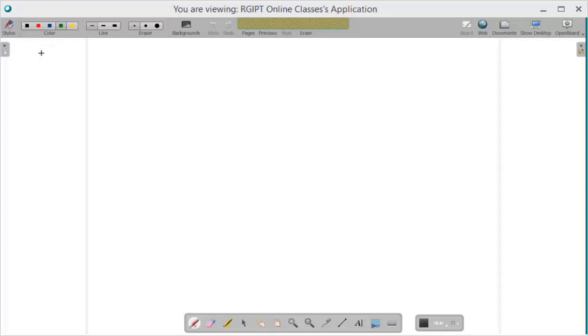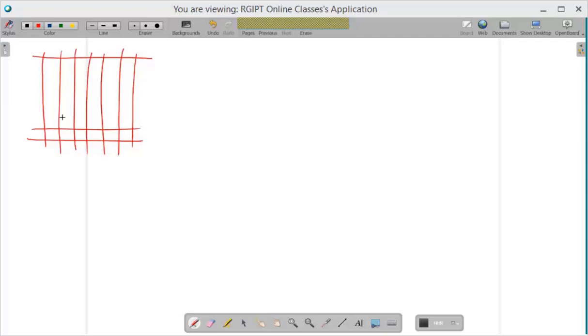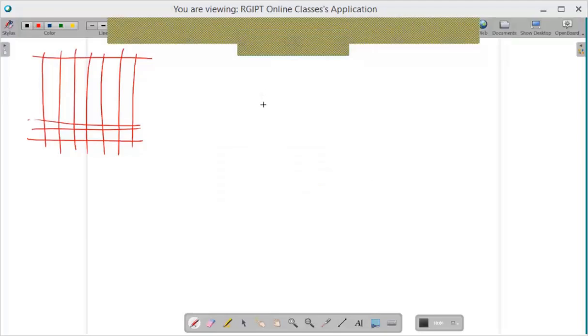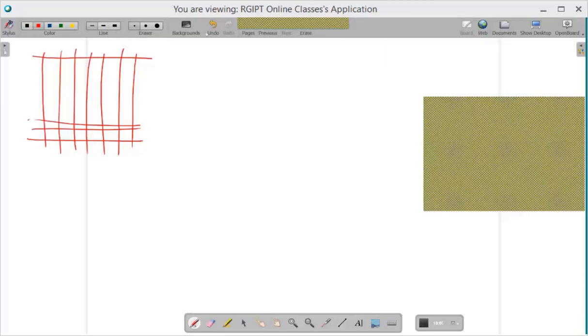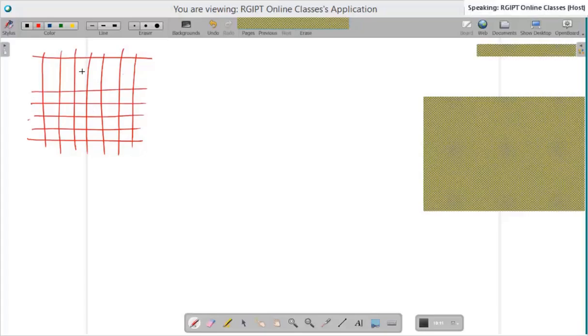So here, what we are going to do is, let's say you have a grid that looks like this. Okay, so let's say this is a grid.